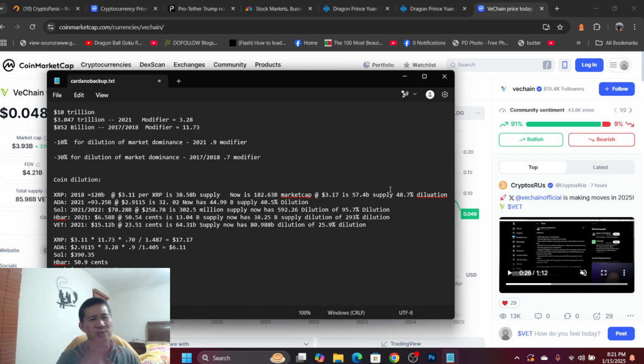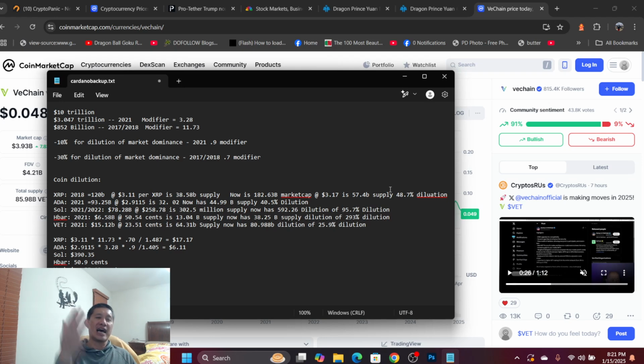No, because most of those coins are garbage. 99% of them will never see the light of day, and they don't take up much of the market. If you look at overall dominance for the top 100 coins, it hasn't changed nearly as much as you think. The stable coins have definitely diluted since 2017, 2018, not quite as much since 2021. And that's why the dilution factor is way greater for 2017, 2018, but you're only multiplying by 70%, whereas for 2021 you're multiplying by 90%.